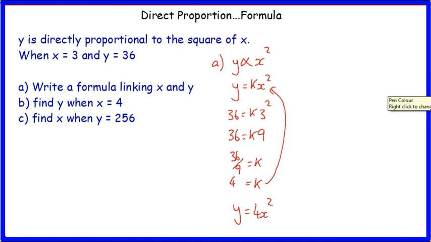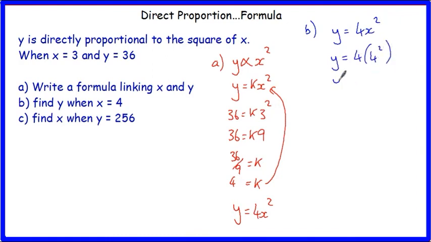Now, part B. Find y when x is 4. 4x squared. When x is 4, it's going to be y is equal to 4 times 4 squared. y is equal to 64.